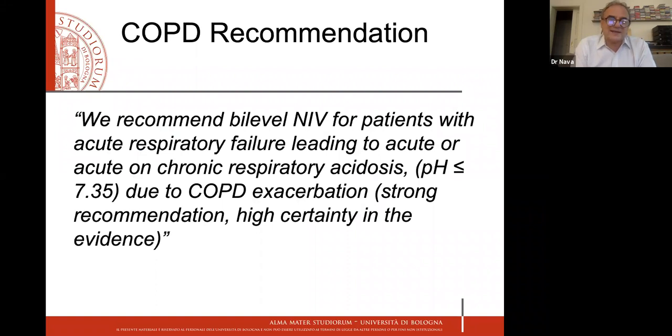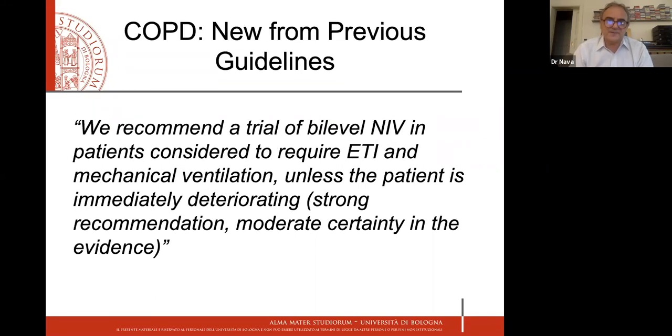We strongly recommend bilevel NIV for patients with acute respiratory failure leading to acute or acute on chronic respiratory acidosis, that means pH less than 7.35, due to COPD exacerbation. There is something new from the previous guidelines.